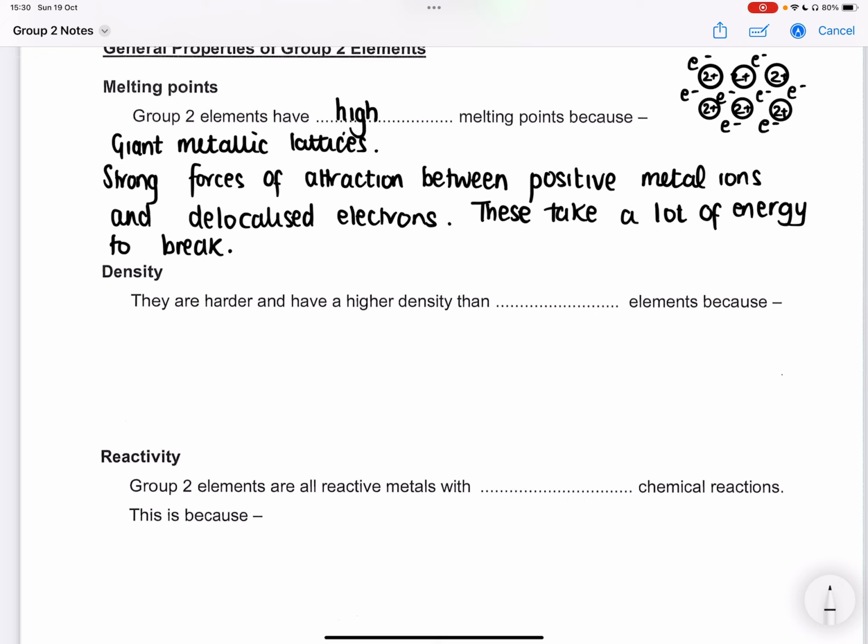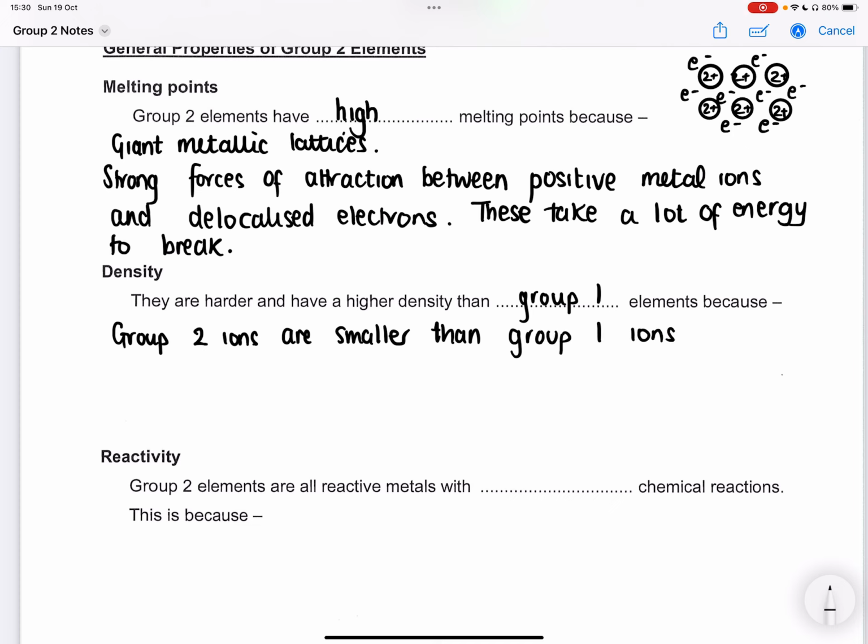Our next physical property is their density. Remember that density is mass per unit volume. And we're just going to compare them to the other metals nearby, the group 1 metals, and we say that they are harder and have a higher density. And that is because group 2 ions are smaller than group 1 ions.